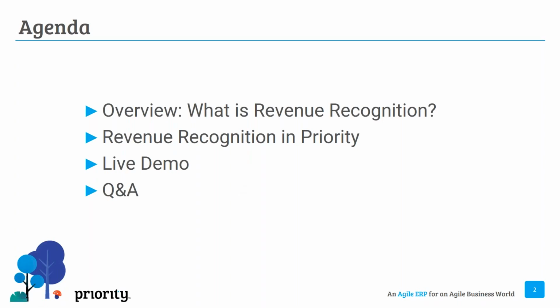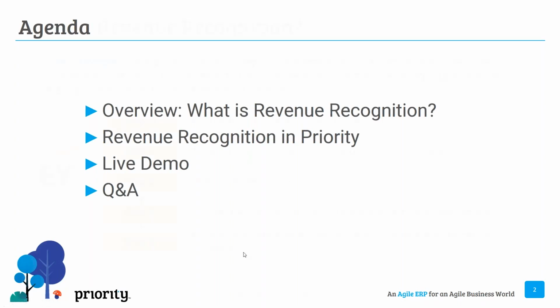Then I'm going to describe how we implemented revenue recognition in Priority. And then we're going to switch to a live demo. During those three sections, you're very welcome to write down your questions in the question box. And in the end, I'll spend some time answering the questions that are relevant to most of the participants.